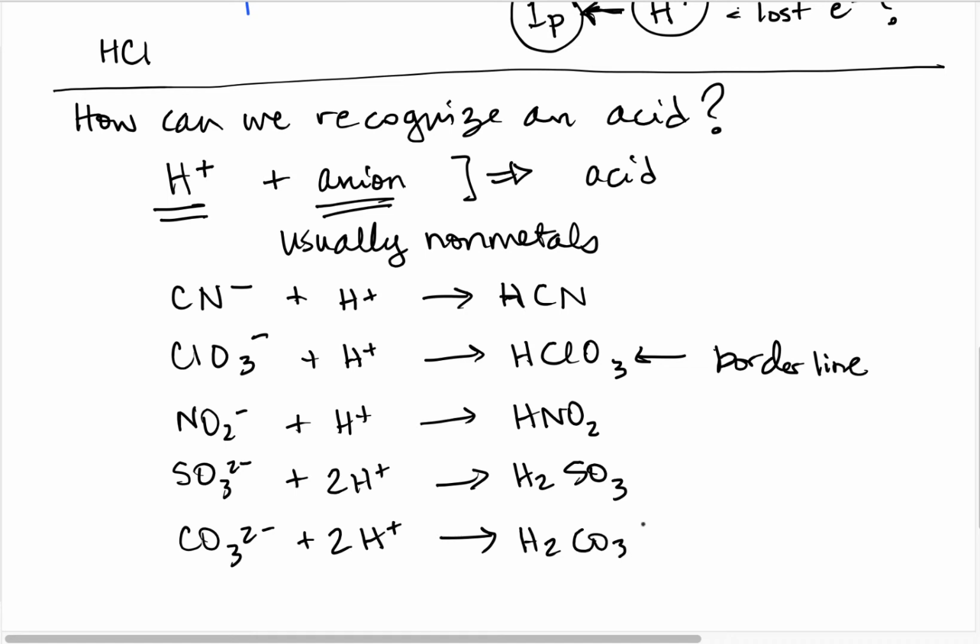But all these other ones are weak acids. So if you add H plus and an anion, you're generally going to be able to make some kind of an acid. And we'll get more experience with dealing with acids pretty soon as we keep going.